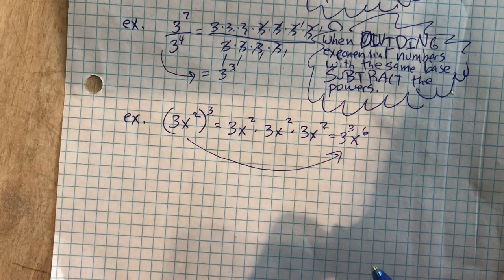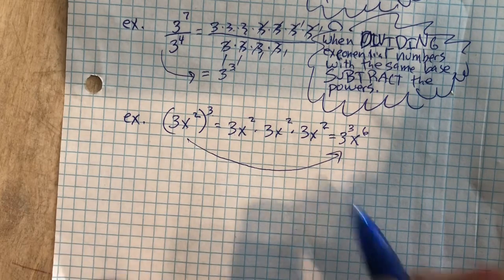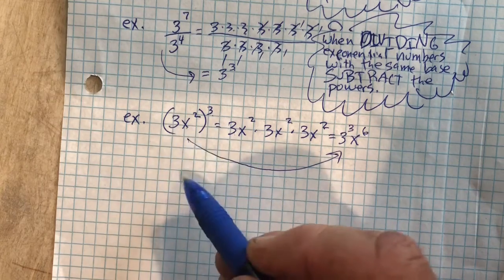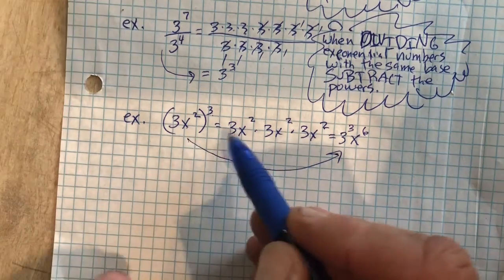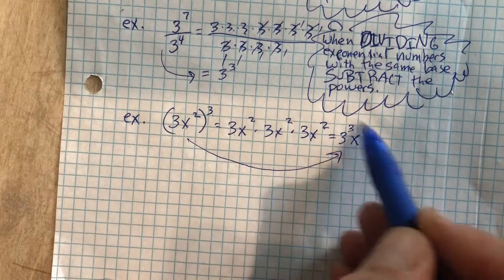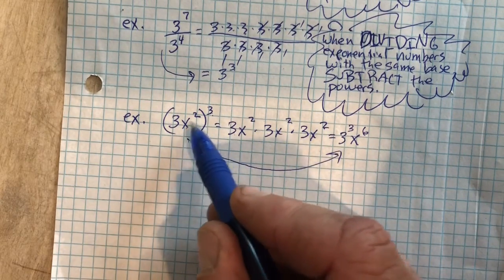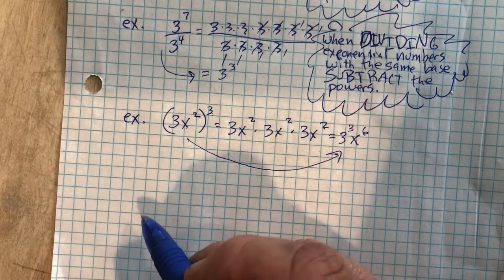So what's the shortcut, or what's the rule when you're taking an exponential number raised to another power? How can we skip all this part and get to the simplified answer? The rule essentially is when you have a power of a power, you can multiply their powers.